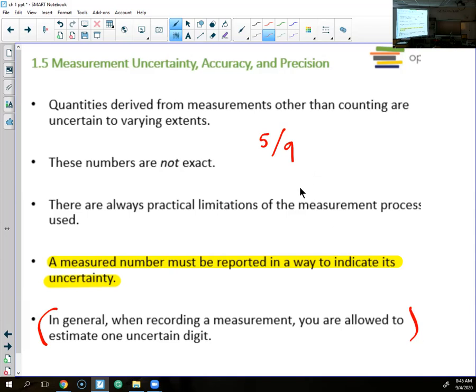So if your answer on your calculator says 3.14159, but the problem only had something with 2 significant figures, then to get full credit, you would only put 3.1. That would be right. This would be right. This would be righter. Okay? You would miss 1 point from the 9 if you wrote it this way versus that way.